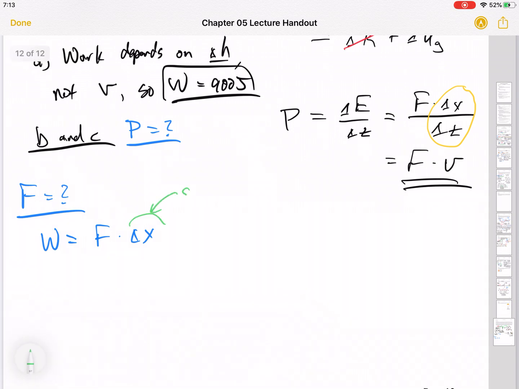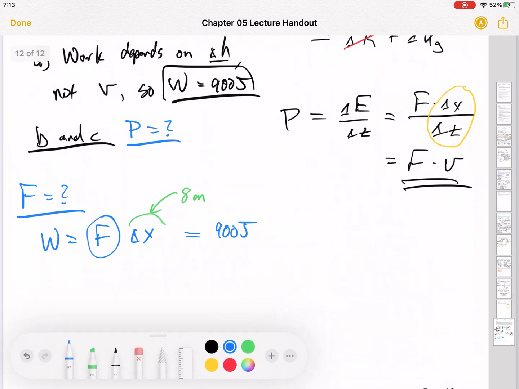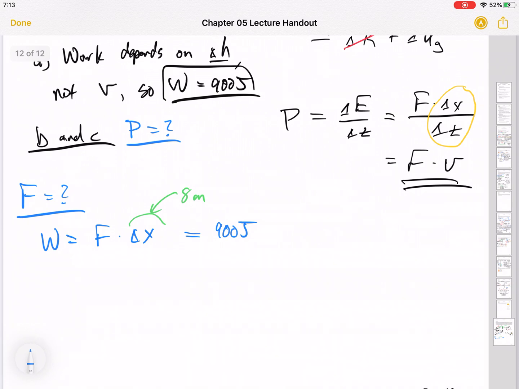I also know the work done, because it was given to me, is 900 joules. The only thing I don't know is this force, so I can solve for it. Again, if that's tricky, you can draw a free body diagram and figure out what force has to be acting against the x component of gravity. So F times 8 meters equals 900 joules, and what I get for that force is 112.5 newtons.